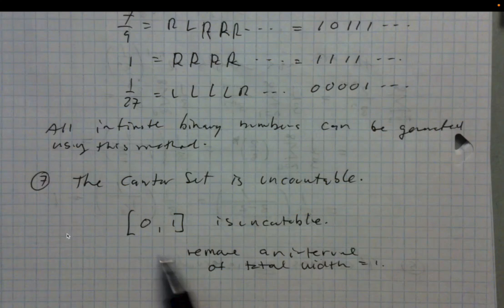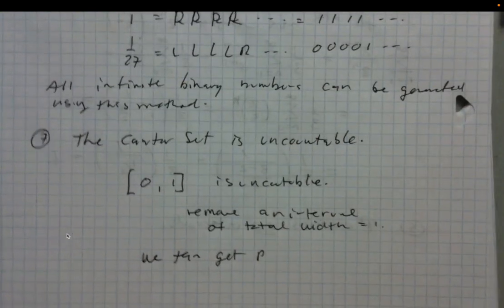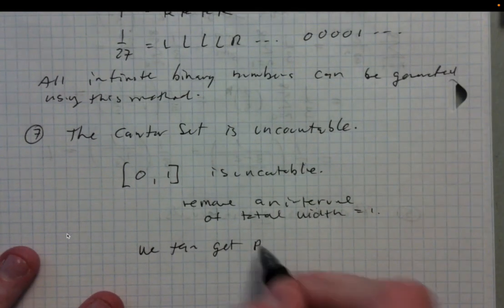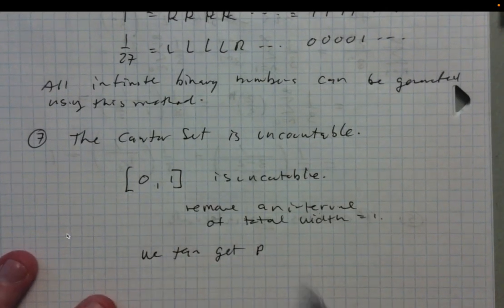We remove all of these middle third intervals, and the total length of the intervals that we remove is 1. And yet somehow we're left with P, and yet somehow the cardinality of P is the same as the cardinality of [0, 1].